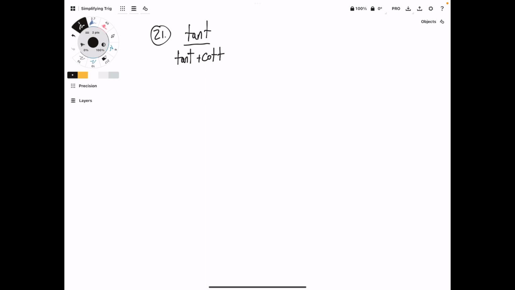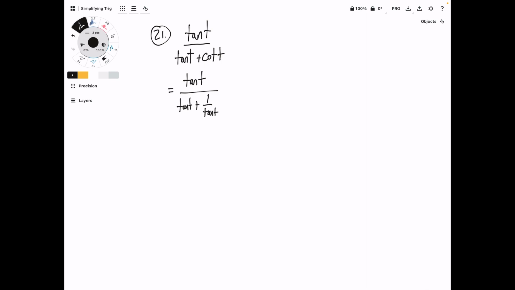For question 21, we have tangent t over tangent t plus cotangent t. So first step, we're going to rewrite the bottom as tangent t plus 1 over tangent t, since cotangent is the reciprocal of tangent.